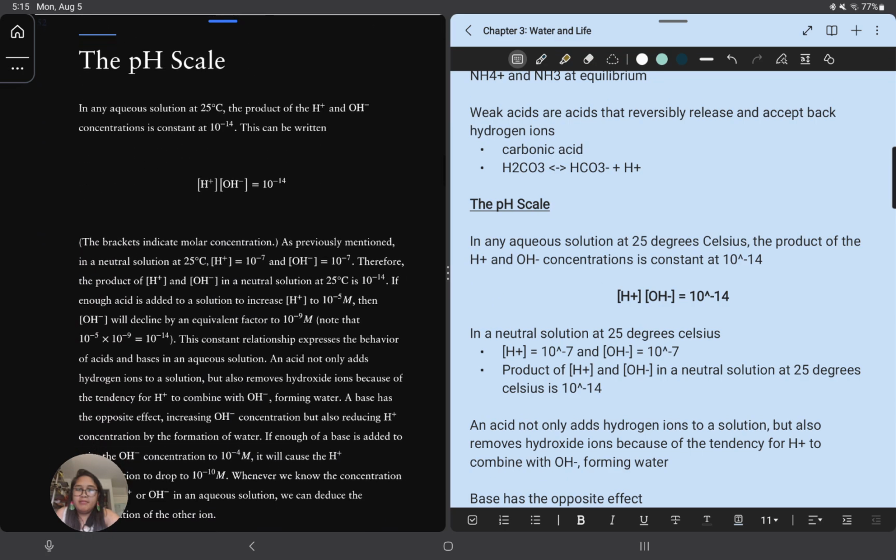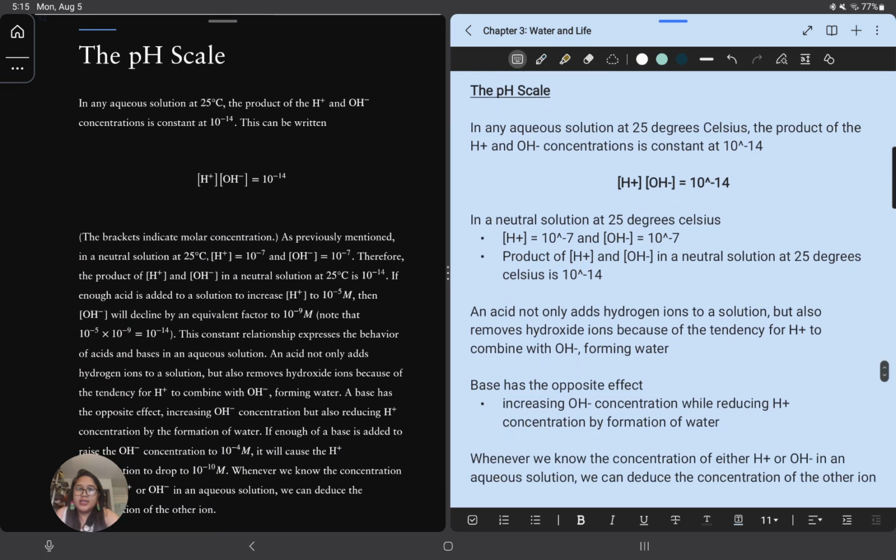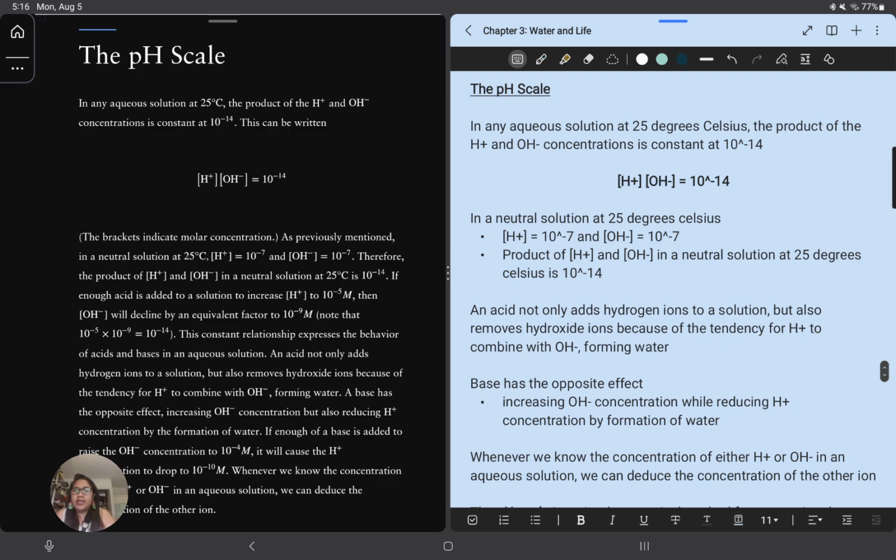The pH scale. In any aqueous solution at 25 degrees Celsius, the product of hydrogen ion and hydroxide concentrations is constant at 10 to the negative 14th. This can be written here: H plus multiplied by hydroxide is equal to 10 to the negative 14th.